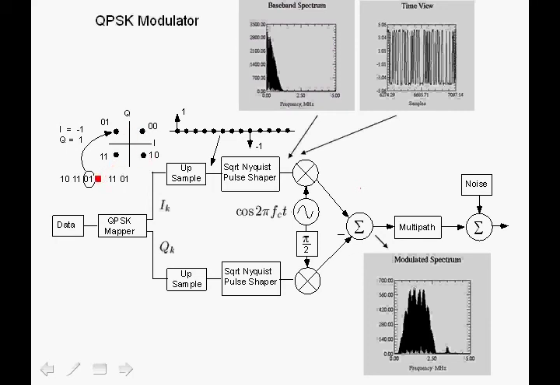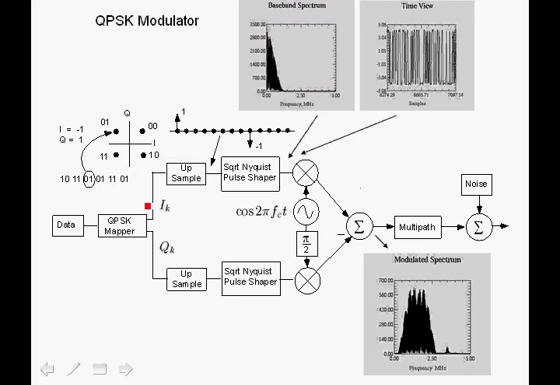As we map these 2 bits to a constellation point, every constellation point is a symbol that has an in-phase term and a quadrature phase term, as shown over here, I sub k and Q sub k corresponding to the kth symbol. Now, if the bit rate is R sub b, the symbol rate is 1/2 the bit rate in this case, because we're mapping every 2 bits to one symbol.